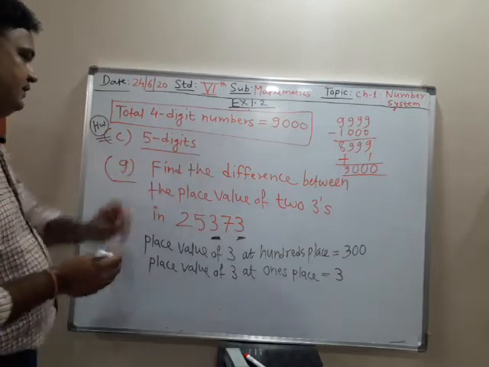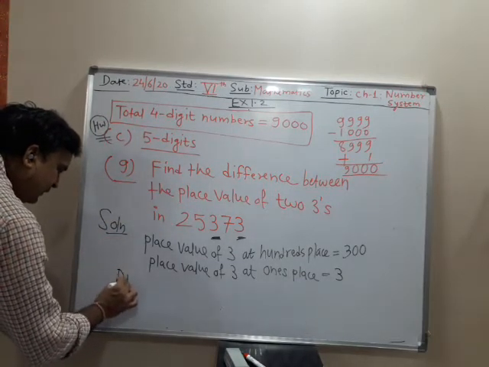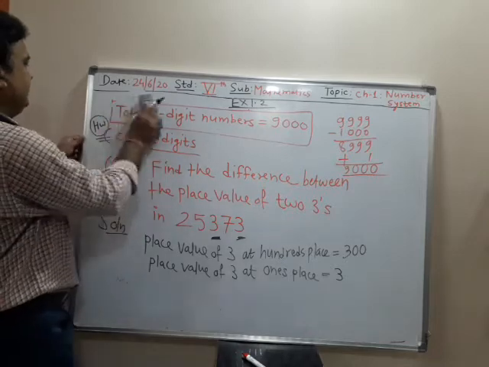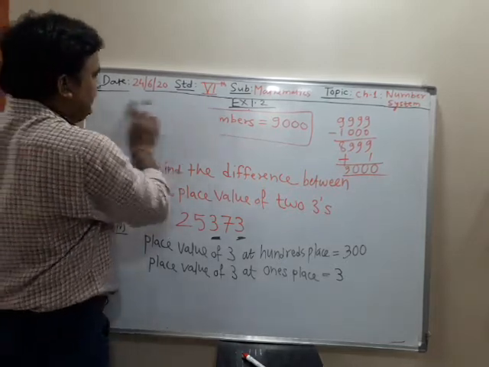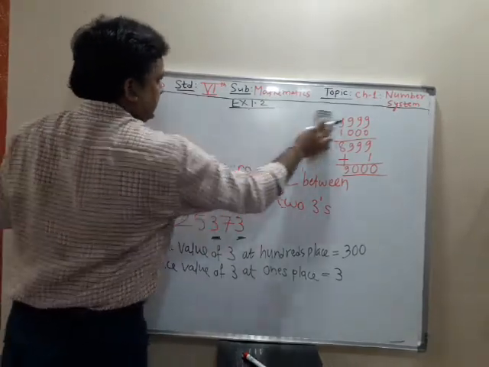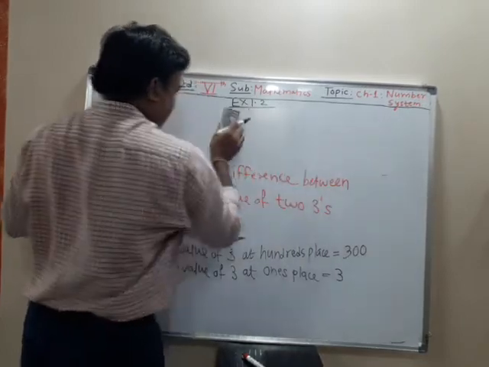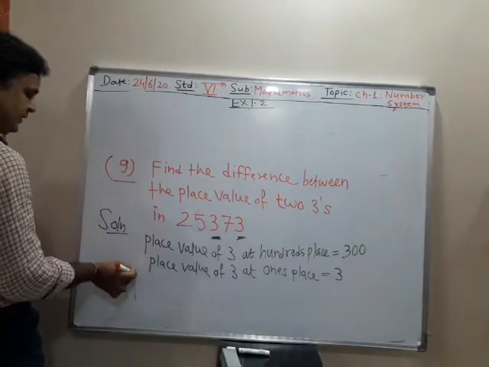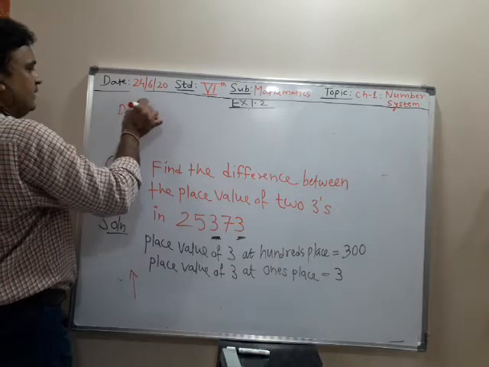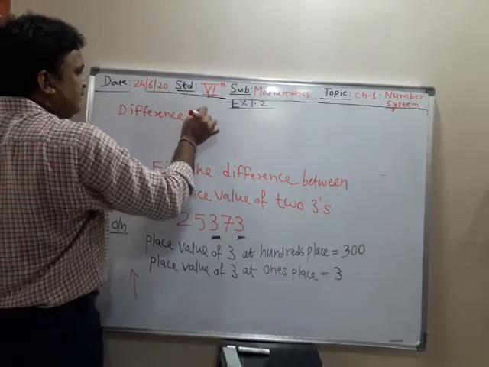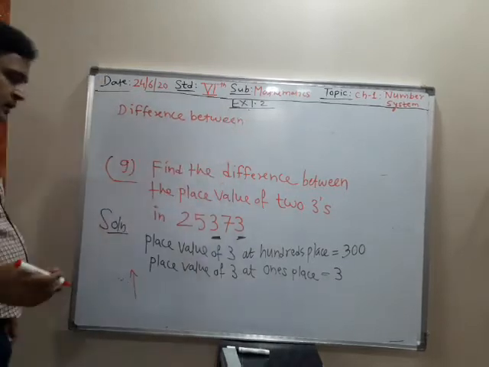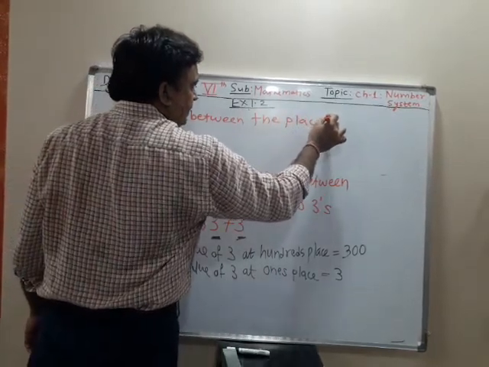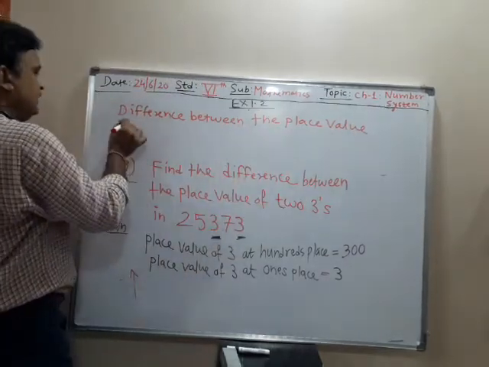Now we want to find the difference between the place value of two threes.